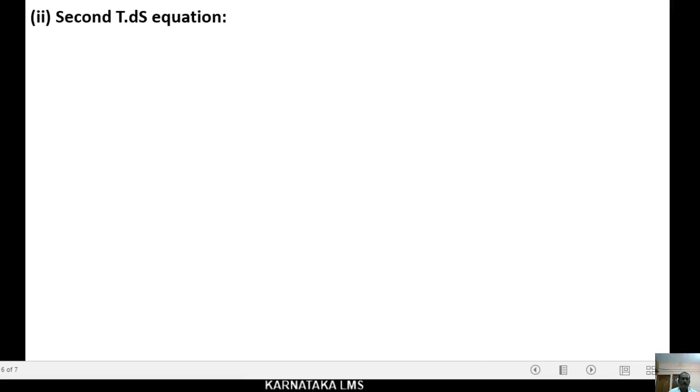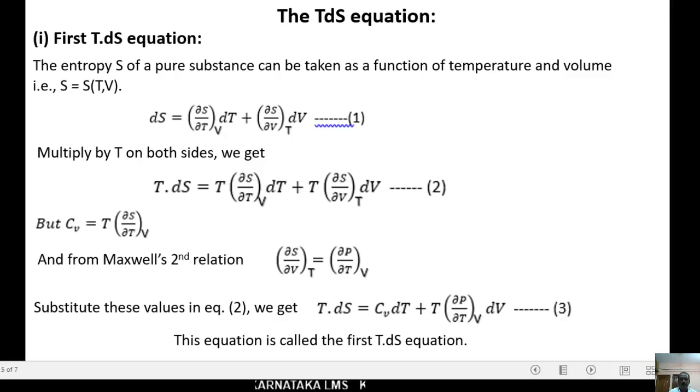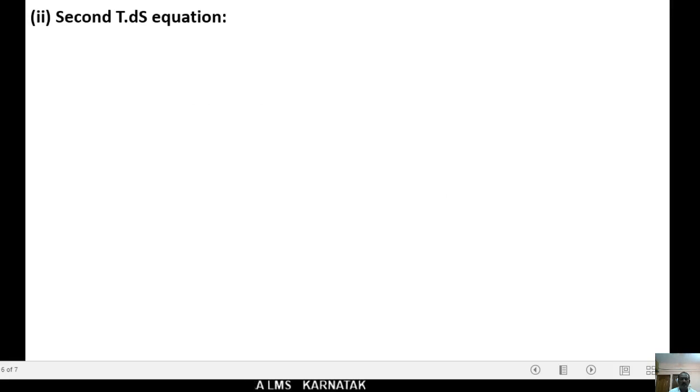Next, the second TdS equation. Here the entropy of a pure substance can also be regarded as a function of temperature and pressure. In the previous slide, the entropy was a function of temperature and volume.